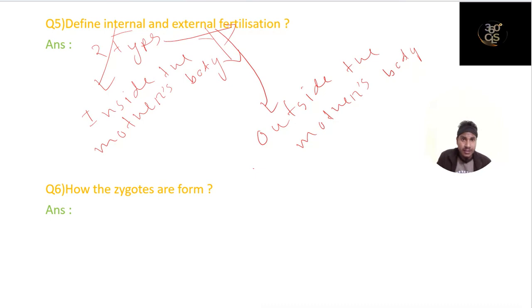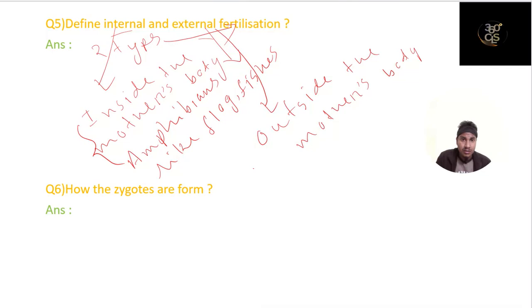So, for example, internal fertilization: most of the amphibians like frog, fishes.